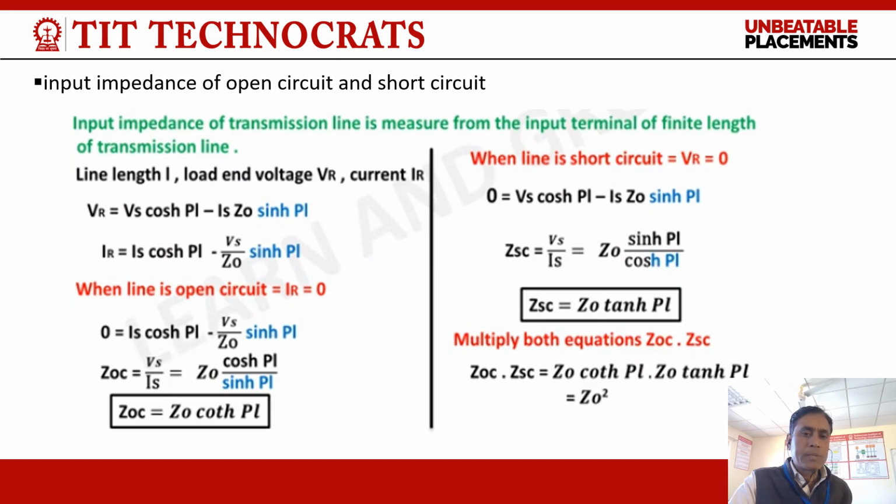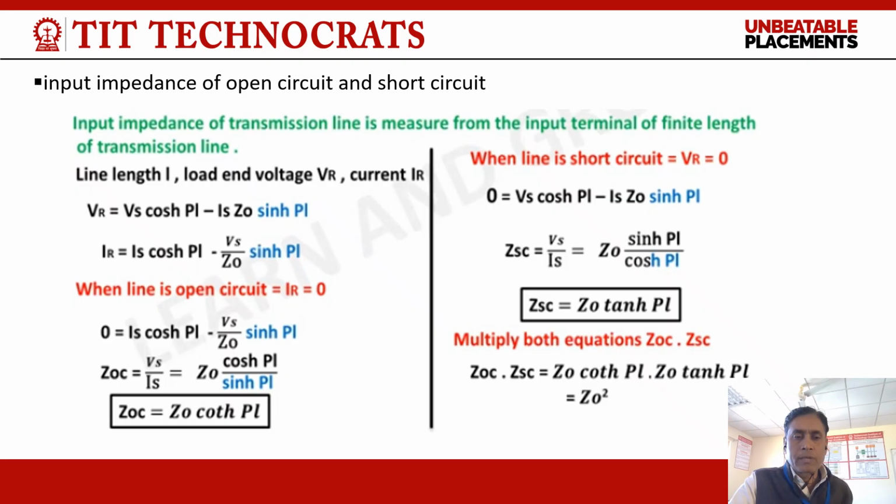When line is open circuit, it means IR is equal to 0. So we put IR equal to 0. So ZOC is equal to Z0 coth gamma L. When line is short circuit, that is VR is equal to 0.